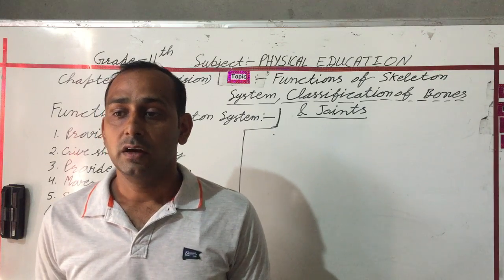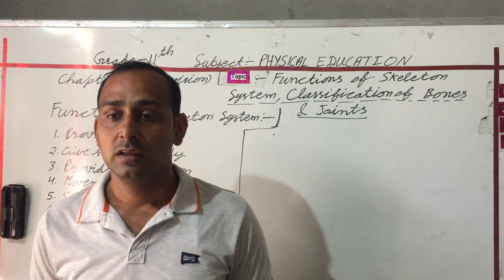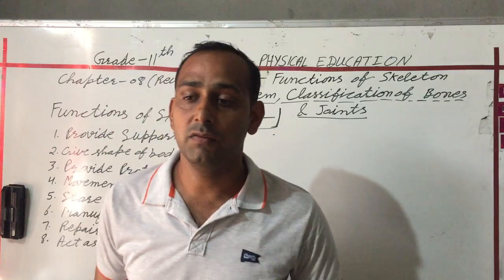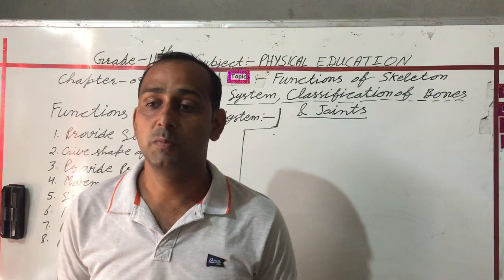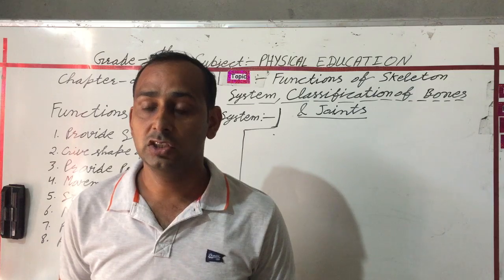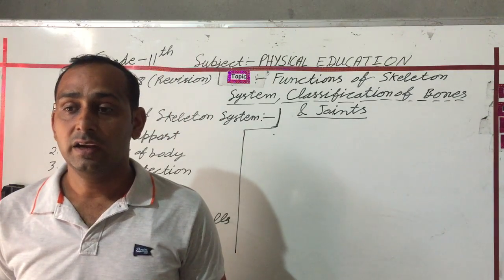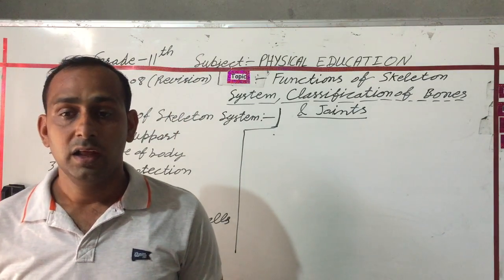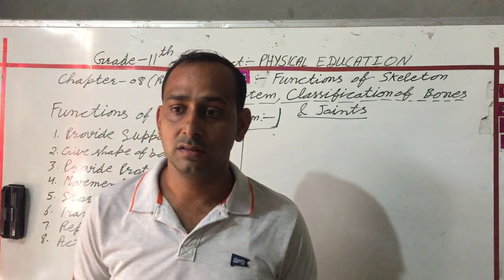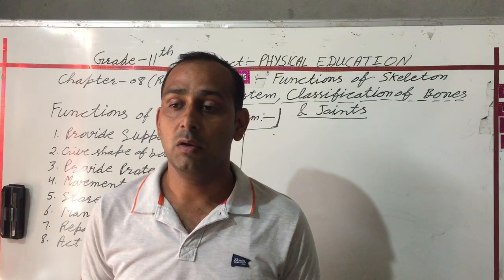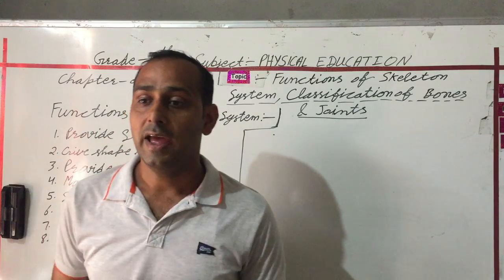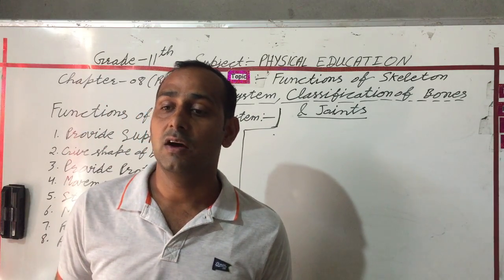These bones differ in shape and size and are joined together by ligaments. Bones provide support and protection to the delicate organs of our body like the heart, lungs, brain and spinal column. Some of the bones act as levers in our body.